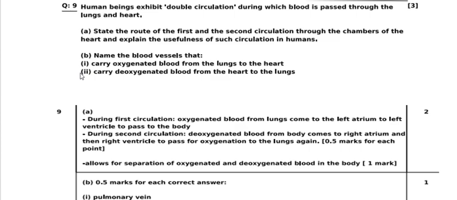One carries oxygenated blood from the lungs to the heart, one carries deoxygenated blood from the heart to the lungs. A. During first circulation, oxygenated blood from lungs comes to the left atrium, to the left ventricle, to pass to the body.